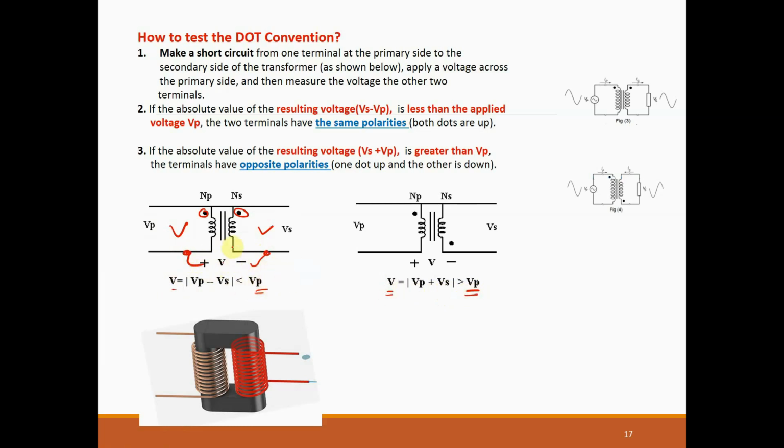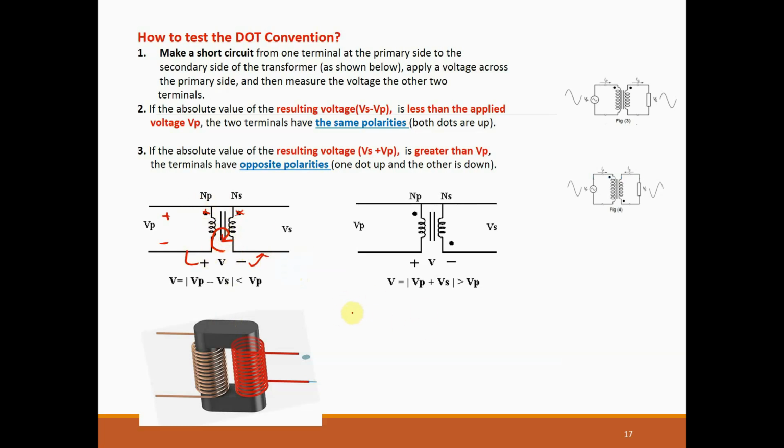Let us derive the equation. Let me erase everything. So here in this position, let's say we don't know this, we did not put this one first, right? Imagine that there is no dot here. We don't know the dot. This is the source. So whatever the polarity source will be followed by the primary. So it's positive here, negative here, right? And here, we don't know. Okay, let us apply the Kirchhoff voltage law on this transformer. I have connected this wire. From this, I have to take the loop here, right?